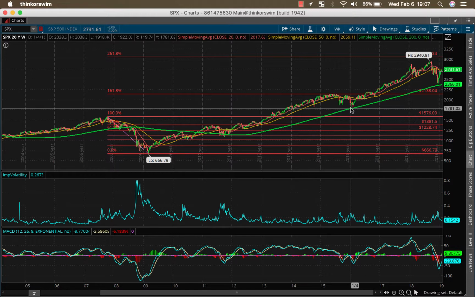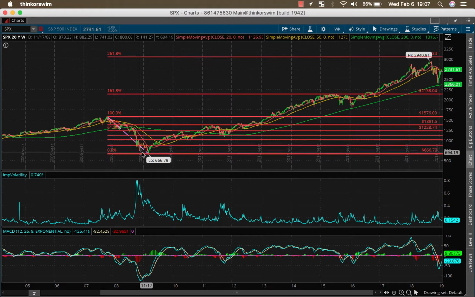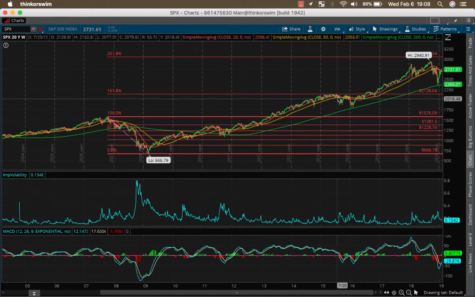Try not to make it too complicated. The box below is the implied volatility. Obviously, when the market's crashing, implied volatility goes up. And down below is basically a momentum indicator, the MACD, moving average convergence divergence indicator.